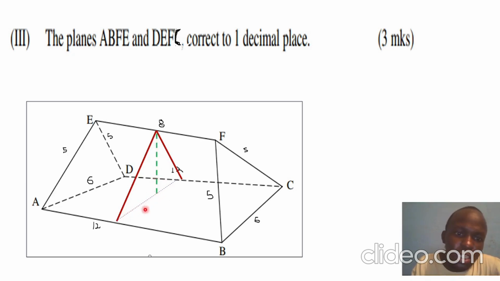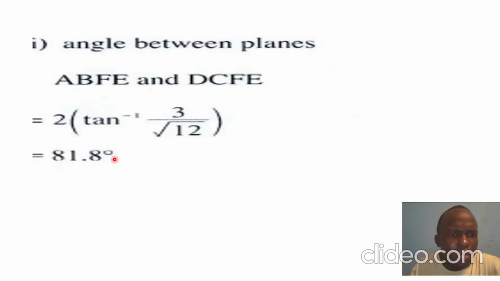The tan inverse of this is approximately 40.5, 40 point something, and then you multiply by 2, you get 81.2, 81.8 degrees.